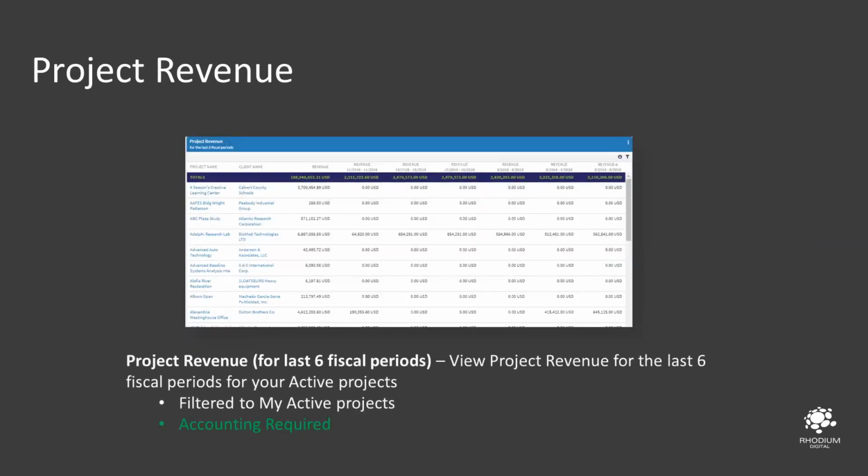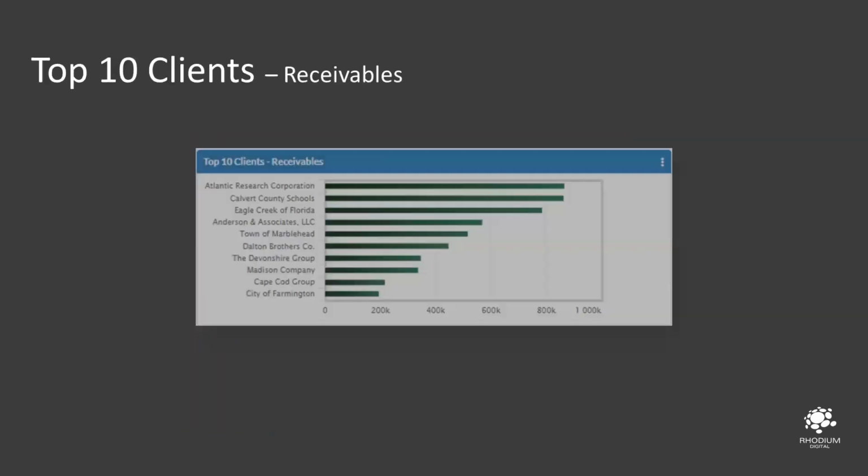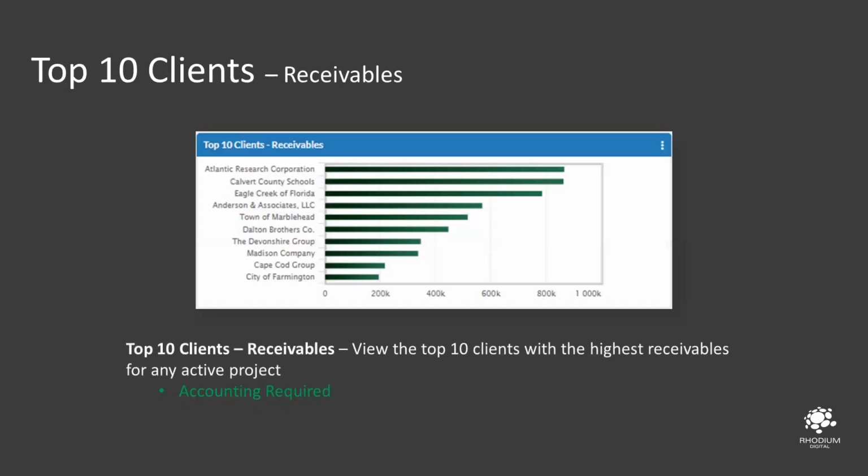A principal might be interested in having a tabular representation of project revenue for the projects on their watch as well. And for the projects on their watch, we might bring that top 10 client receivables and bring that forward.